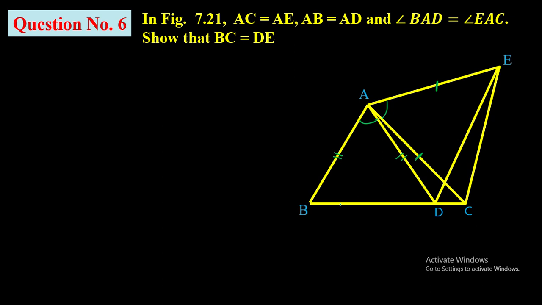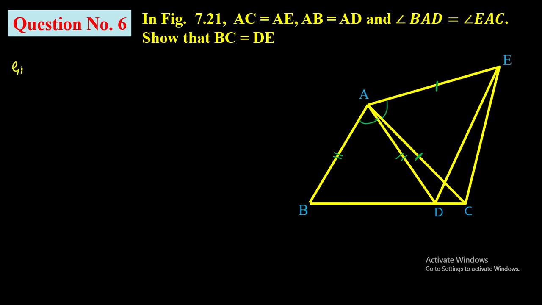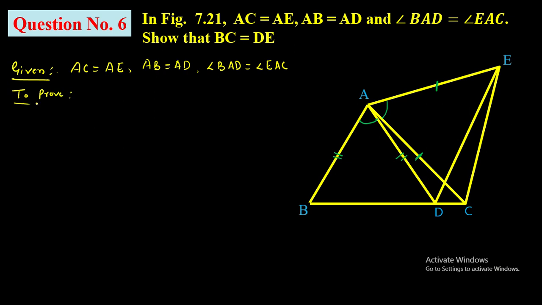Now we have to show that this BC is equal to DE. So we are given that AC is equal to AE. Also, it's given that AB is equal to AD, and it's given that angle BAD is equal to angle EAC, and we have to prove that BC is equal to DE.